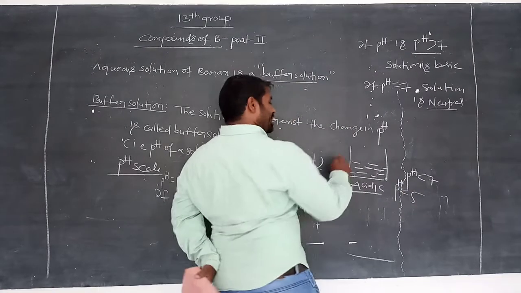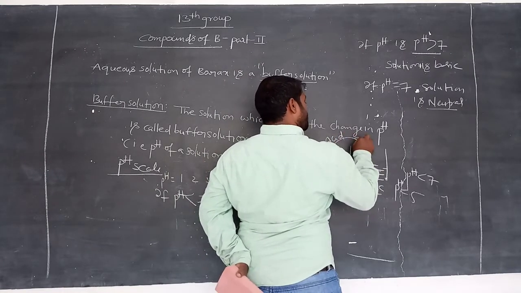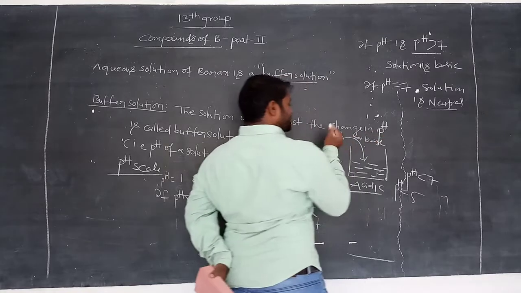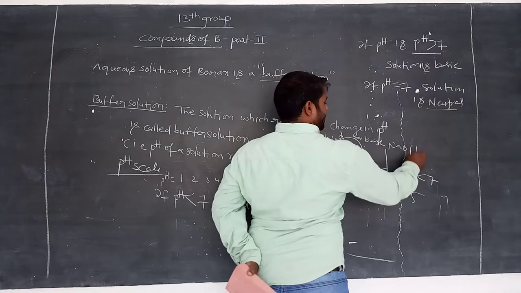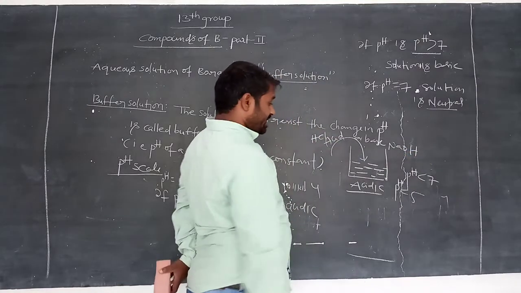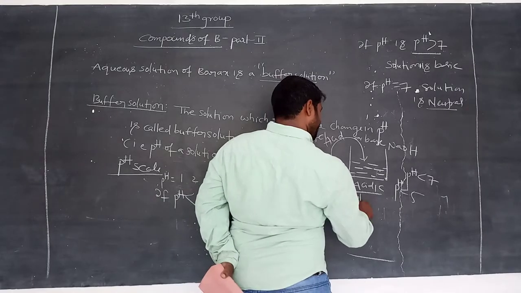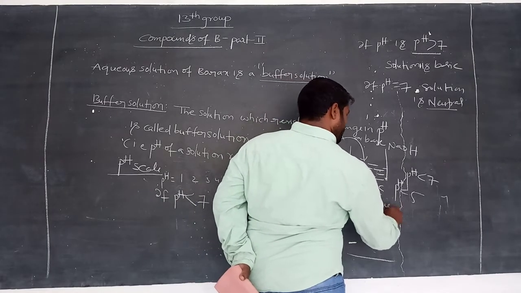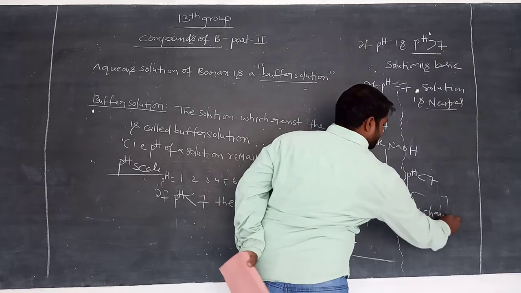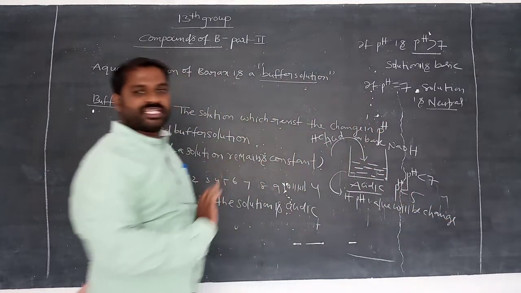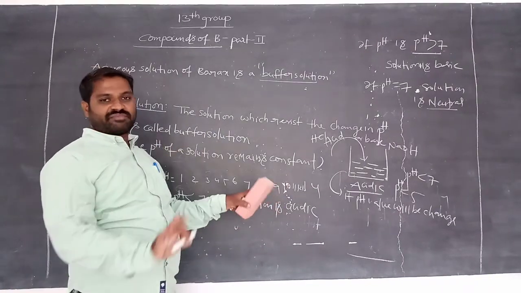If we add an excess quantity of acid or base, for example HCl or the base NaOH, then its pH value will be changed. That is a normal solution.